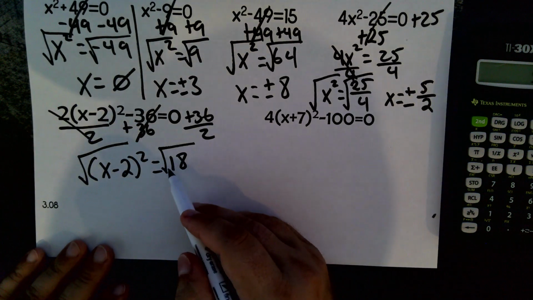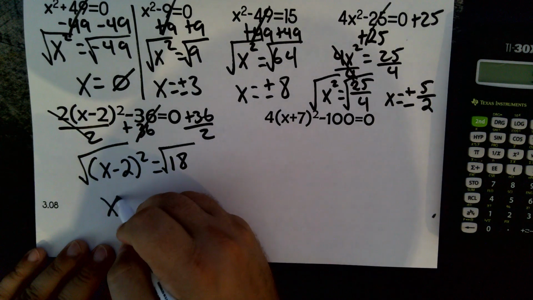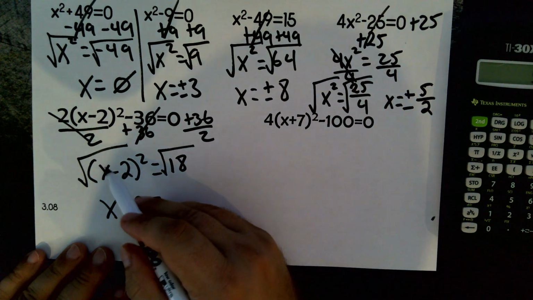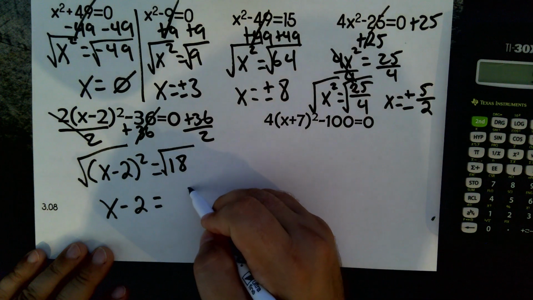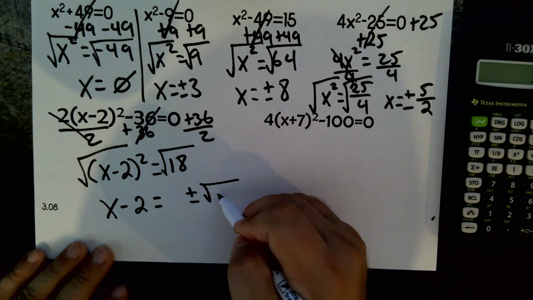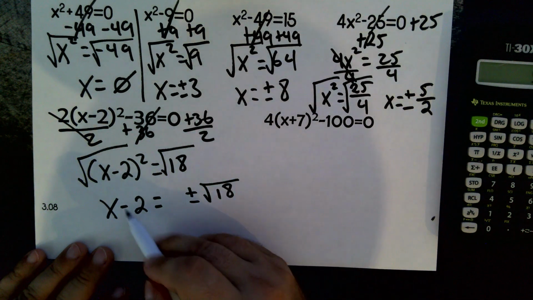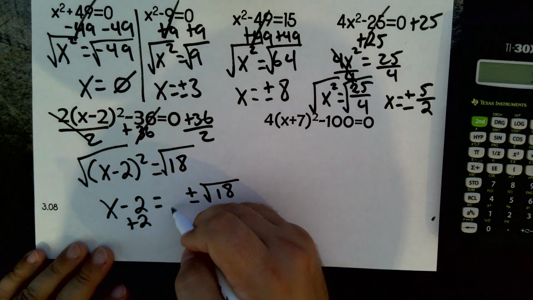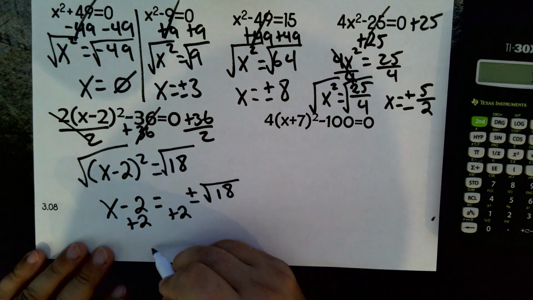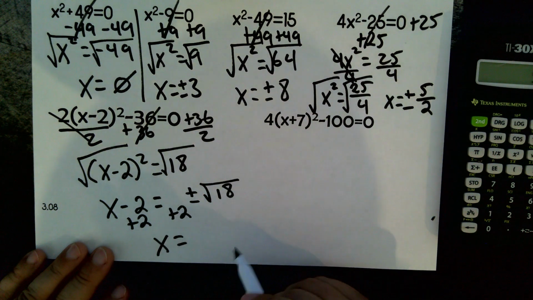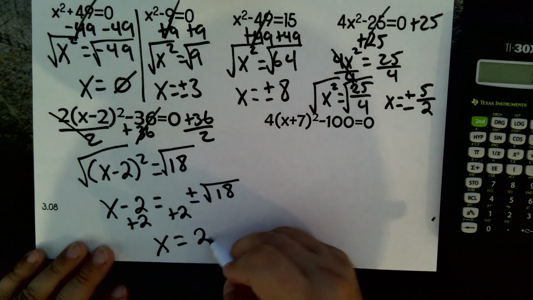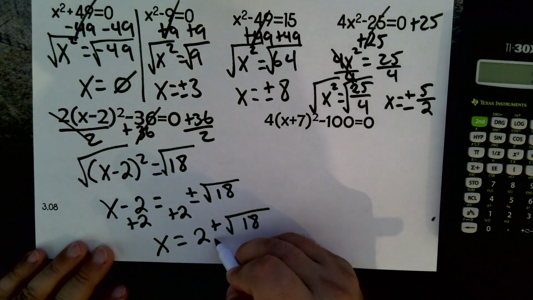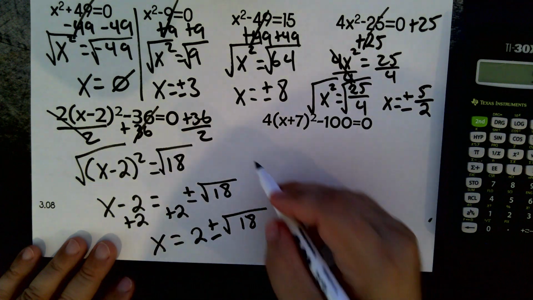I'm just going to leave it as a square root. But I did take the square root and there was a variable involved, so we want to do a plus or minus the square root of 18. And my last step is I need to undo the minus 2 by adding 2. So my final two solutions are 2 plus the square root of 18 or 2 minus the square root of 18.